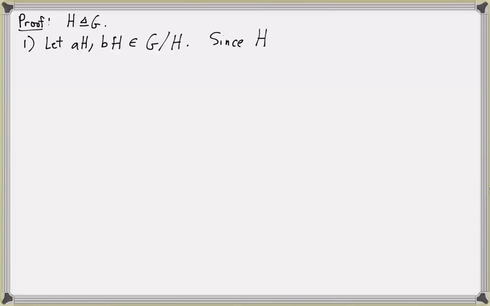So let's begin our proof by assuming that H is a normal subgroup of G. And first, let aH and bH be two left cosets of H in G. Since H is a normal subgroup of G, we can write the product aH times bH as a times the product Hb times H. Here's where we use the fact that H is a normal subgroup: we can write Hb as bH.